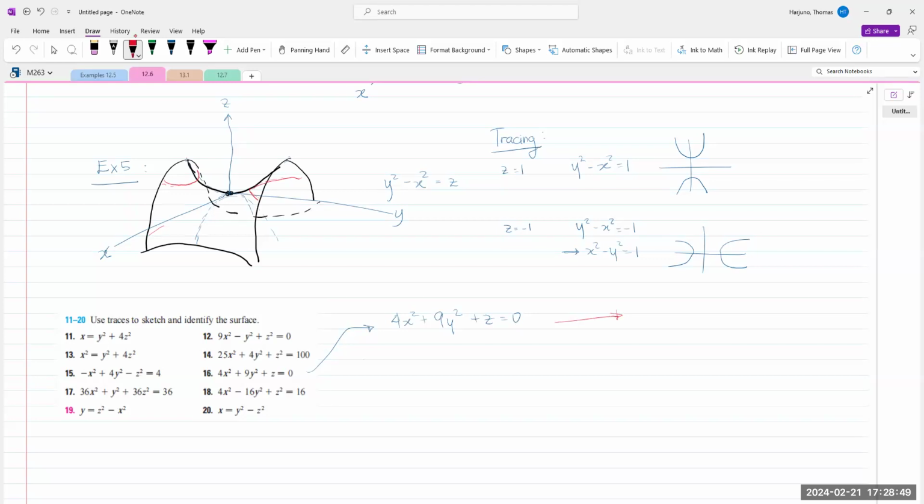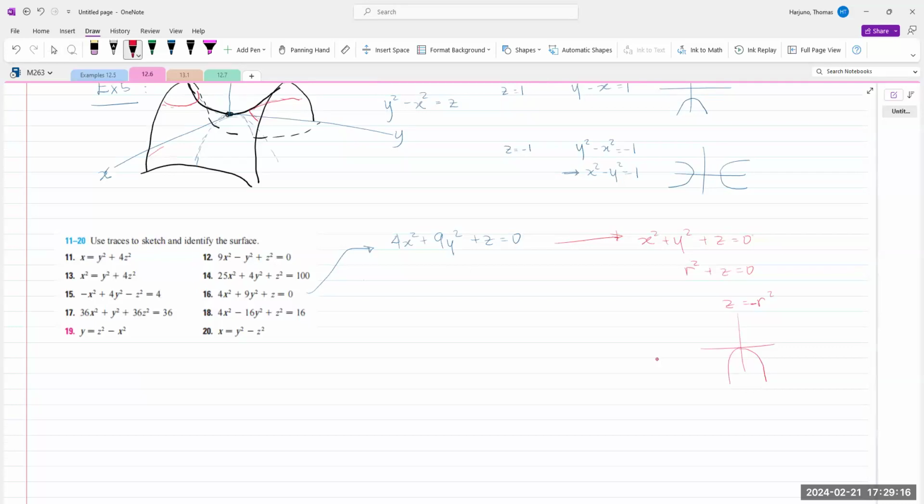If I get rid of all the coefficients, I see x squared plus y squared plus z equals 0, which is basically r squared plus z equals 0, which means z equals negative r squared, whose graph looks like this. If I spin it, it will look like this. Does it make sense now? It is a paraboloid facing down.